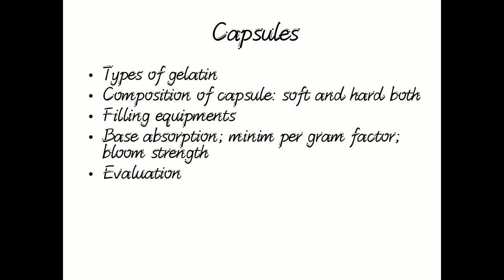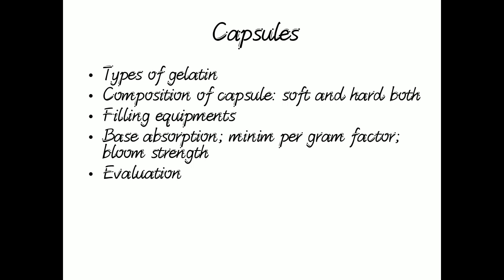Base absorption is defined as the number of grams of liquid base required to produce a mixture which can be encapsulated with 1 gram of solid. The value of base absorption can be obtained if we divide the weight of base by weight of solid. The formula used is Ba plus S into V upon D is equal to minimum per gram factor.